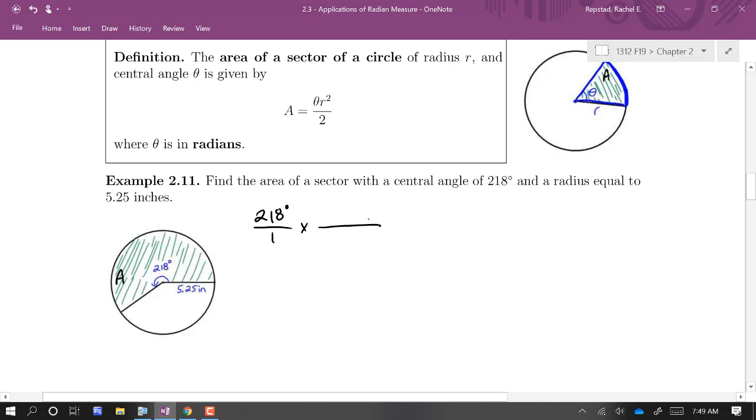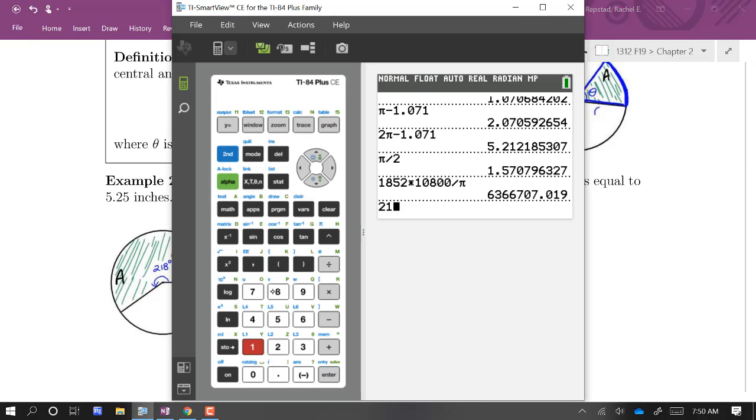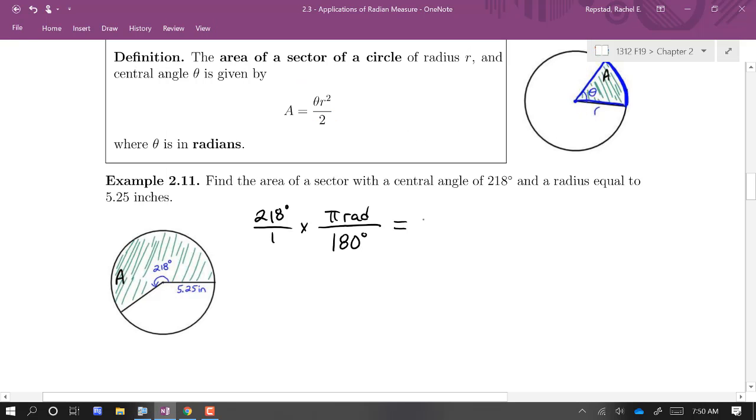I know there are 180 degrees in pi radians. We get 3.805 radians.